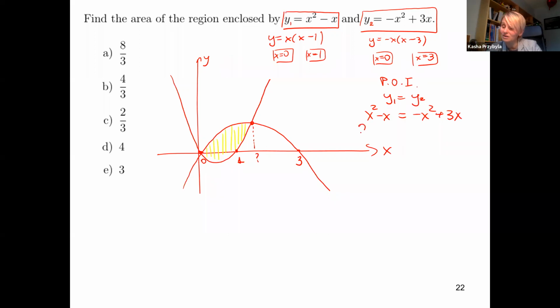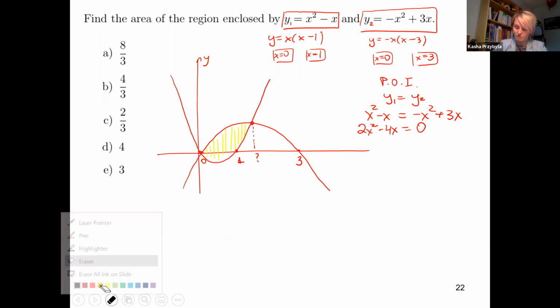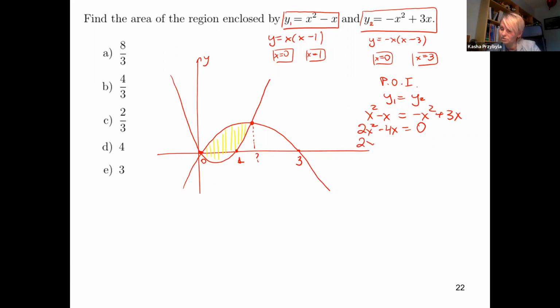I will add x squared to both sides and subtract 3x. Then I will factor out 2x, and I will have x minus 2. This gives me 0 and 2. That means 0 and 2 are the points of intersection.